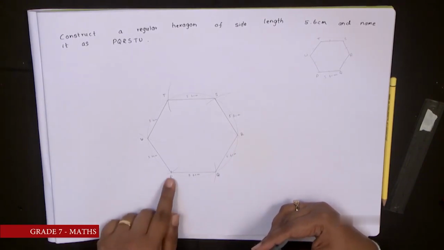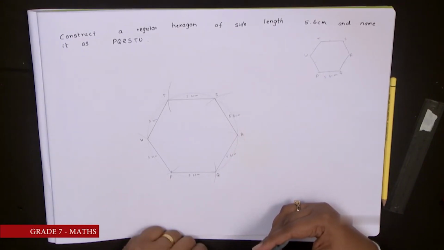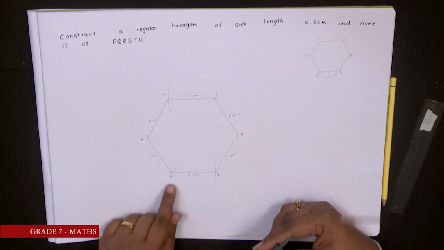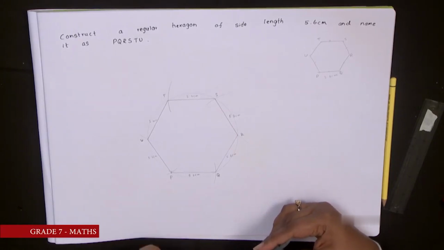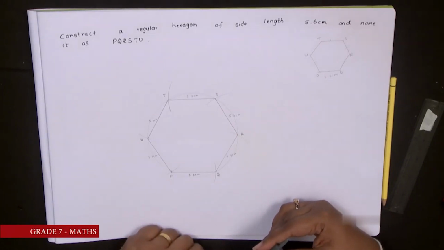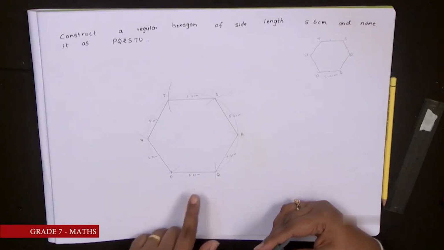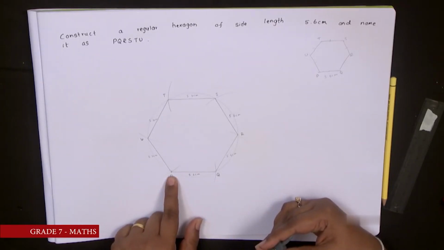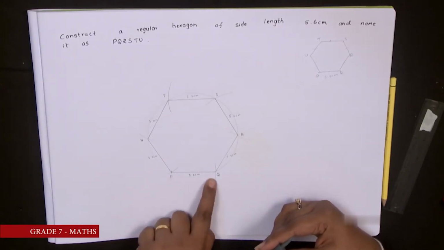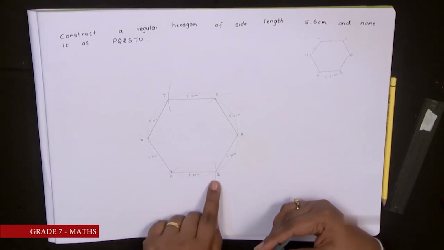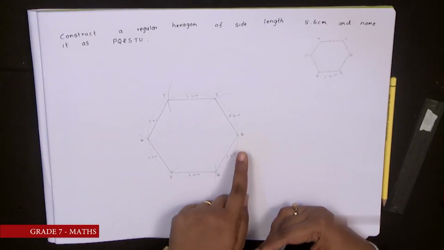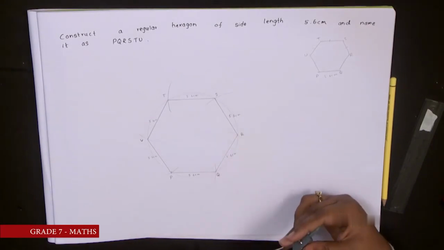Then I have marked a point on the circumference of the circle, named it as P. Without changing the length on the pair of compasses, I have placed my pair of compasses on P, drew an arc to intercept the circumference, then placed my pair of compasses on the newly constructed point, drew an arc to intercept the circumference of the circle once again.